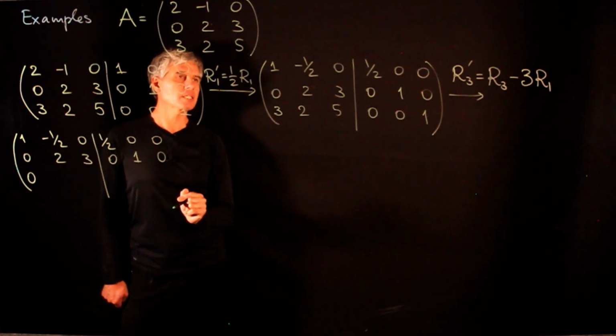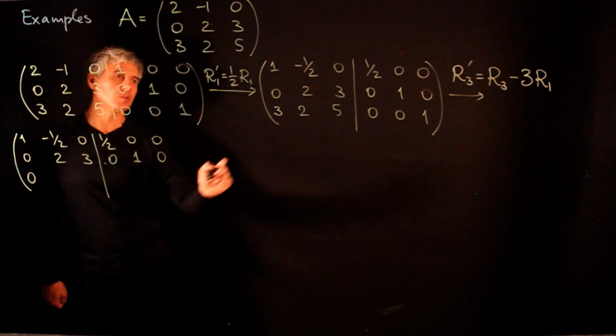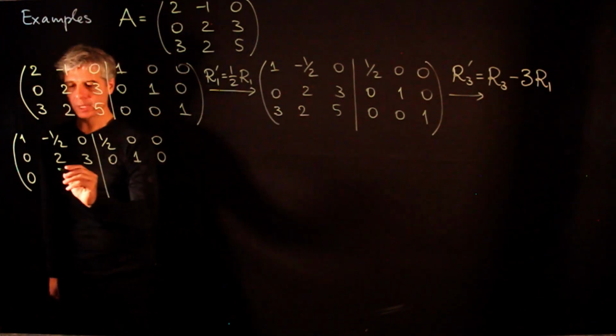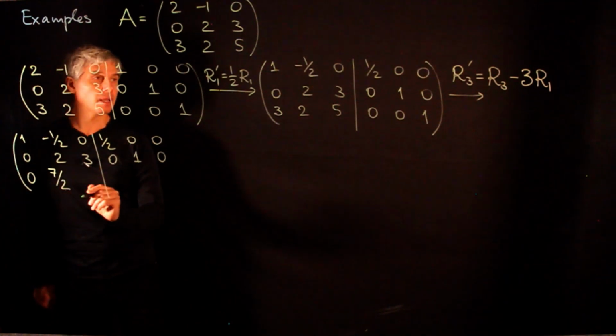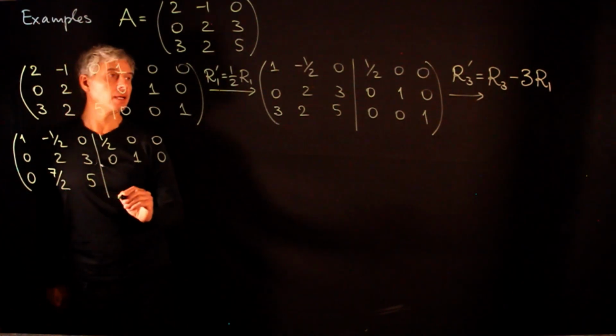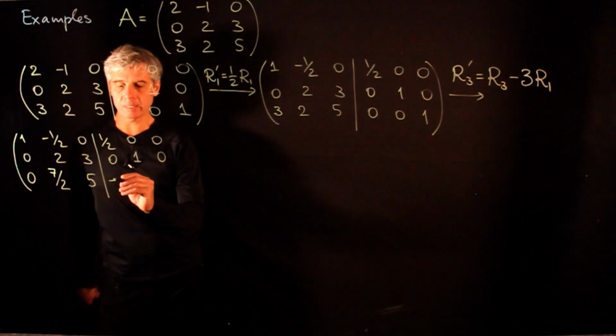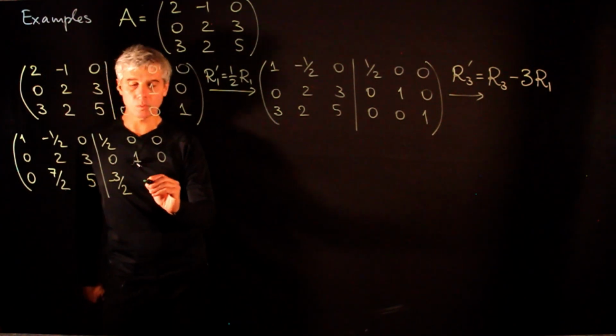So it's 2 plus 3 halves. So we have 4 halves plus 3 halves, so that's 7 halves. And 5. And so here we get -3 halves, 0, 1.